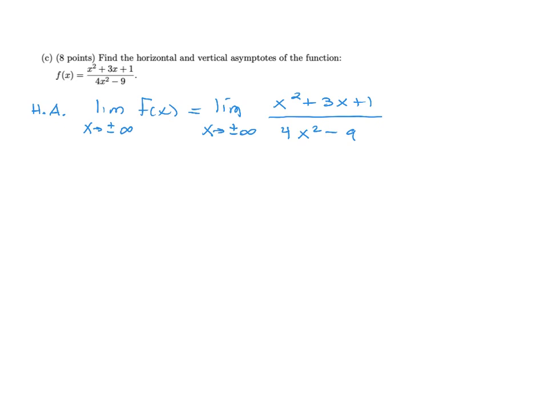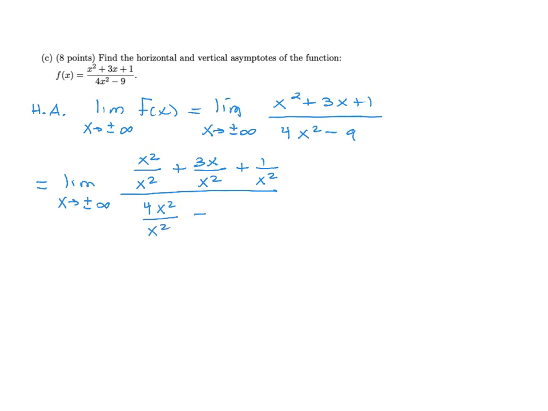And what I'll do is divide every single term by x squared. So this becomes the limit as x goes to either positive or negative infinity of, we get x squared divided by x squared plus 3x divided by x squared plus 1 divided by x squared. In the denominator, that's 4x squared divided by x squared minus 9 divided by x squared. If we simplify this expression, the top is 1 plus 3 over x plus 1 over x squared.